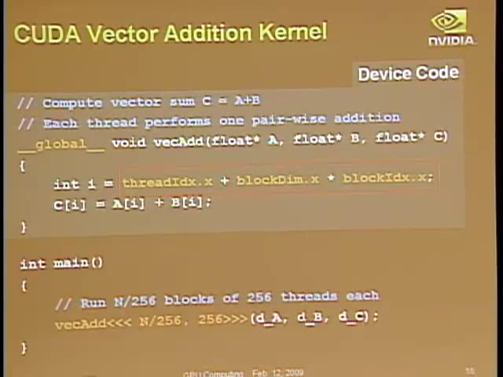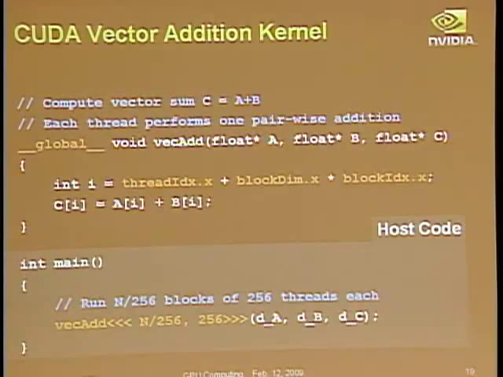I've taken my array of data and assigned one thread to produce one element. So that thread really doesn't do very much work. It does two loads, one add, and one store. And the main code runs on the CPU. It's serial code.